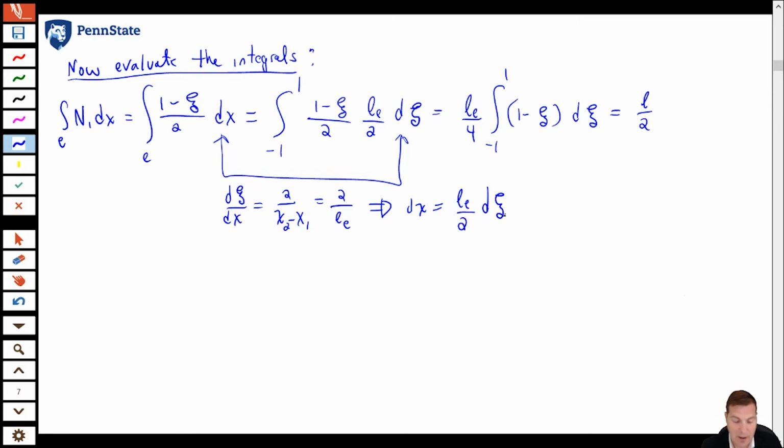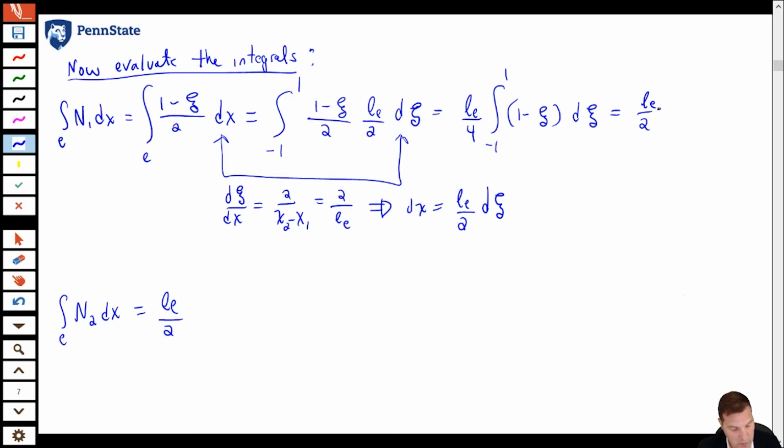So that allowed me to make that substitution. Okay, it turns out that for the integral n2 dx that we also have, that gives us the same thing, le over 2. There should be an e over there.